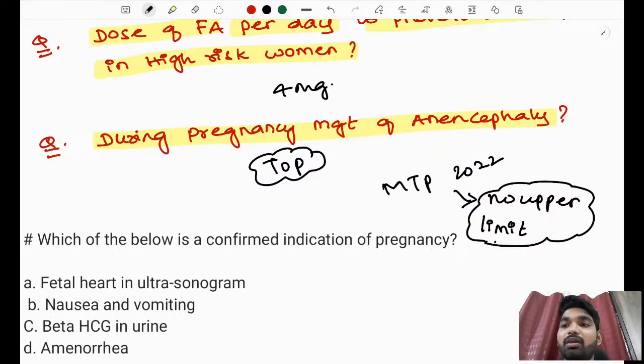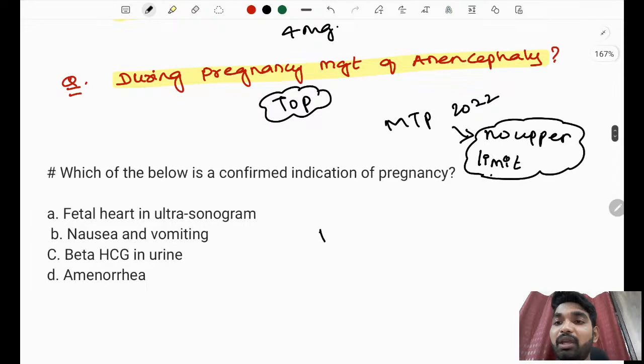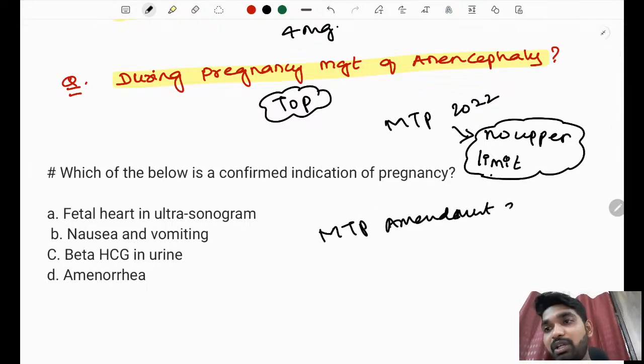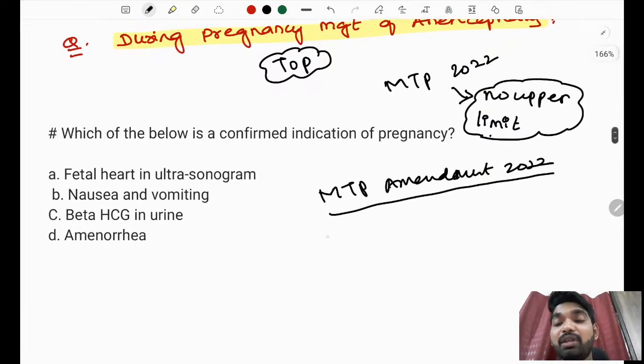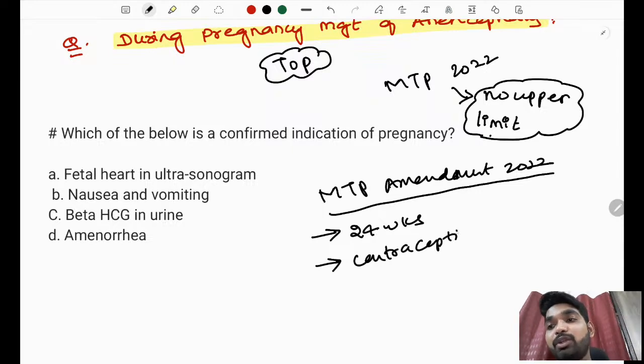Now let me tell you about the MTP amendment 2022. The changes are that abortion previously was allowed till 20 weeks, now it is 24 weeks. But in case of contraception failure, even now the upper limit is 20 weeks.